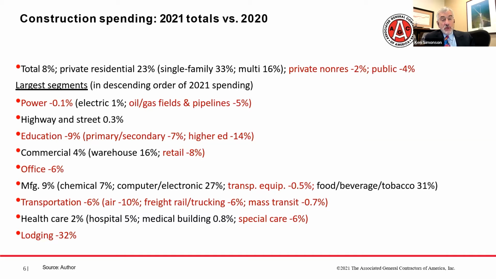Highway and street construction wound up the year just about flat. Now, with the passage of the Infrastructure Investment and Jobs Act last November, we will see big growth in highway and street construction over the next several years, but the timing of that remains uncertain. It depends in part on Congress finishing work on the 2022 appropriations bills.